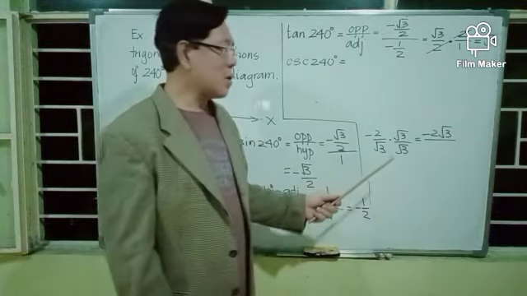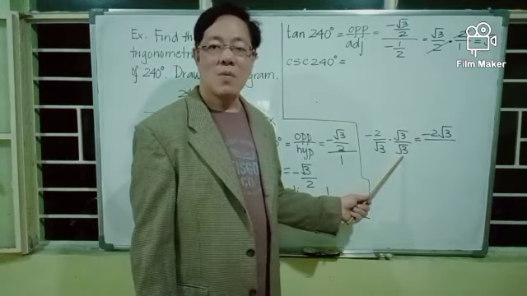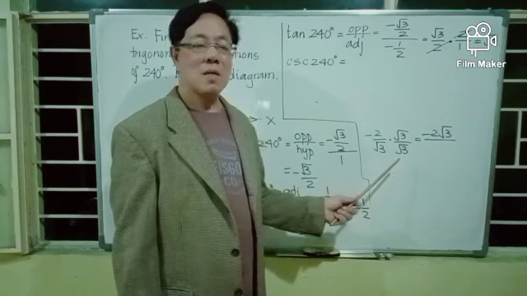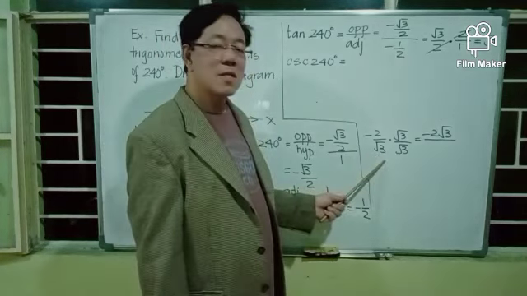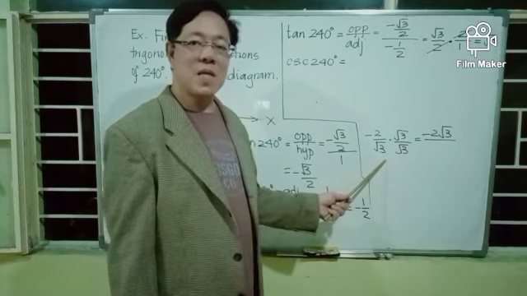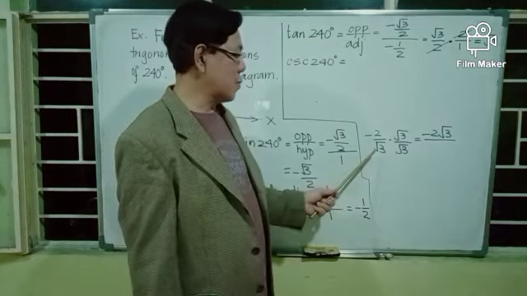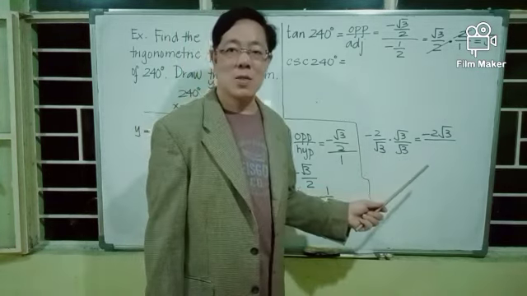In the denominator, we multiply square root of 3 and square root of 3. We apply the property of radicals that says we can write this as a single radical whose radical sign has an index of 2, because the common index of these two square roots is 2.